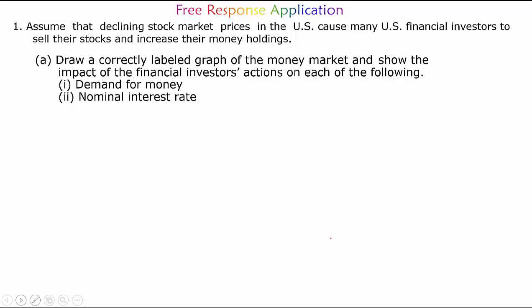In case you're not hearing this video in a timely fashion, it is currently April of 2020, and because of the coronavirus outbreak, a lot of investors sold their stocks. So we're going to draw a correctly labeled graph of the money market and show the impact of those financial investors' actions on each of the following.